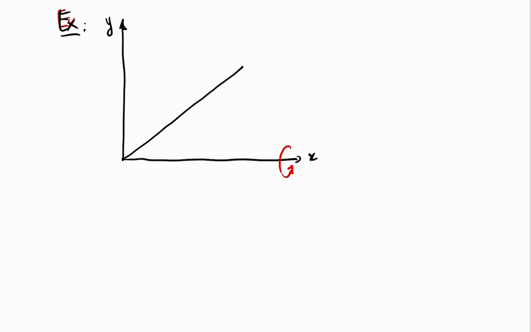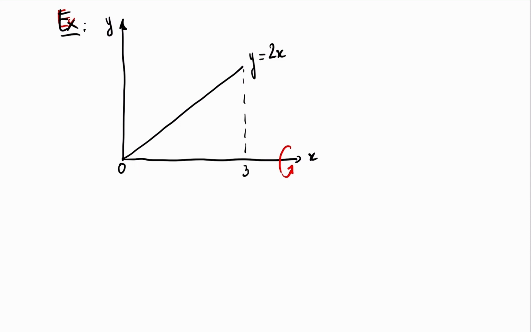So what is the equation of this line? Let's call it y equals x. It doesn't really look like y equals x, but it doesn't matter. And we are going to integrate between x equals 0 and x equals, say, 3.